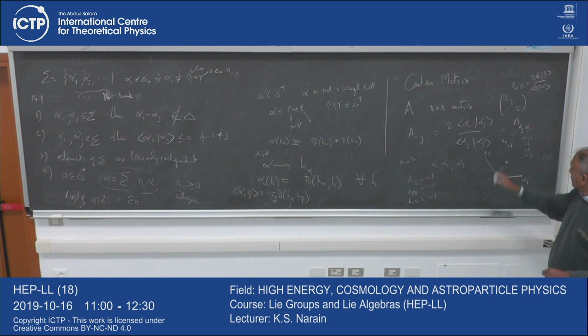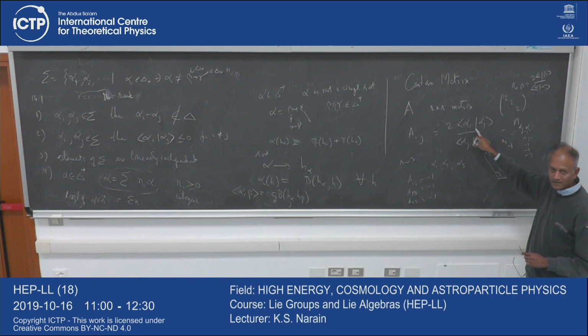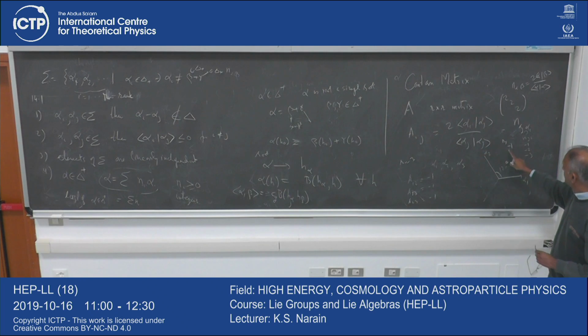But we can always choose one of them to be minus 1 because these are all dot products, and are all negative. So one of them to be minus 1, and then I can choose all these 3 possibilities. This one gives you SU3. This one gives you SO5, or equivalently SP2.